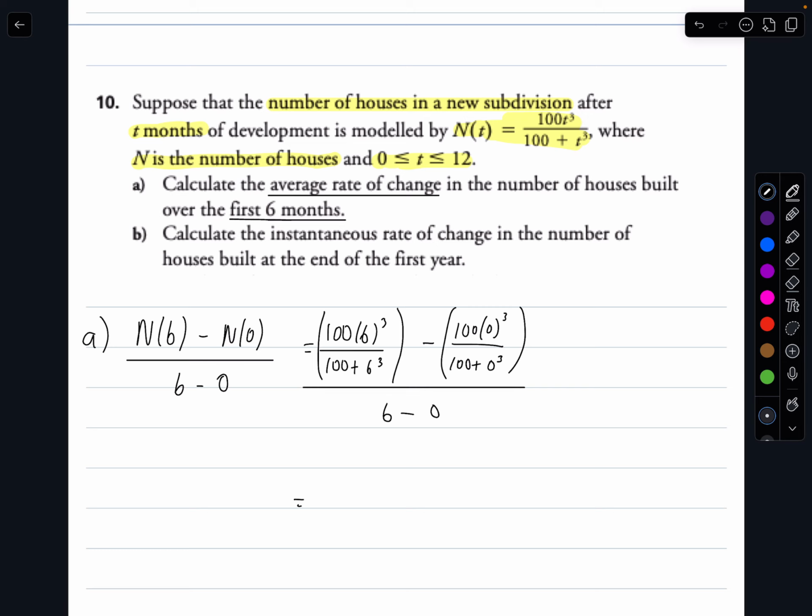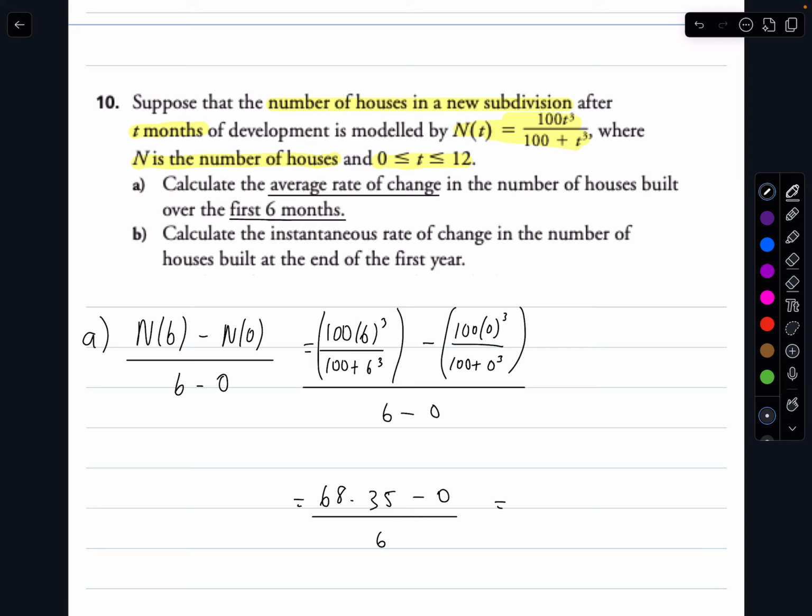So when we do this, we'll get 6 cubed times 100 divided by 100 plus 6 cubed, which is 68.35. Minus 100 times 0 is 0, so then the whole thing becomes 0, all over 6.